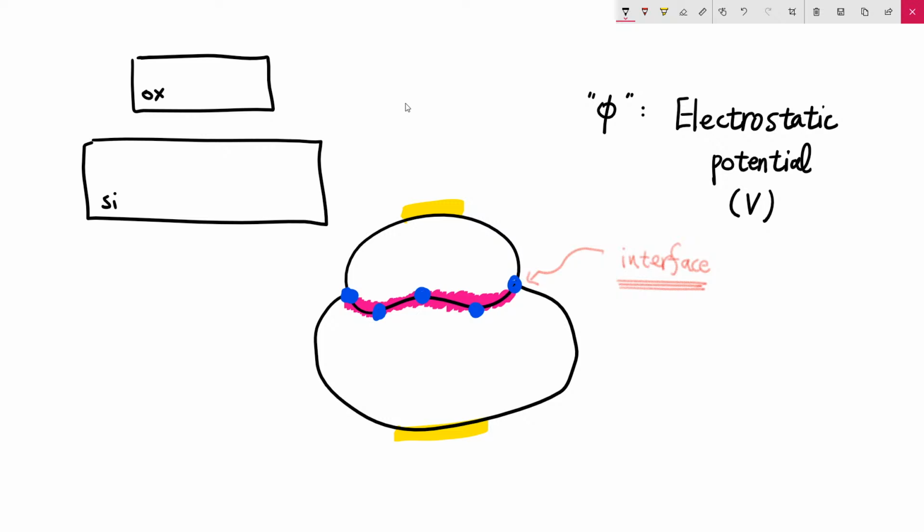But as you all understand, phi, the electrostatic potential, is not the only quantity we have to consider in this semester of computational microelectronics. There exist two more quantities which are frequently or almost always considered in this field. What are they?